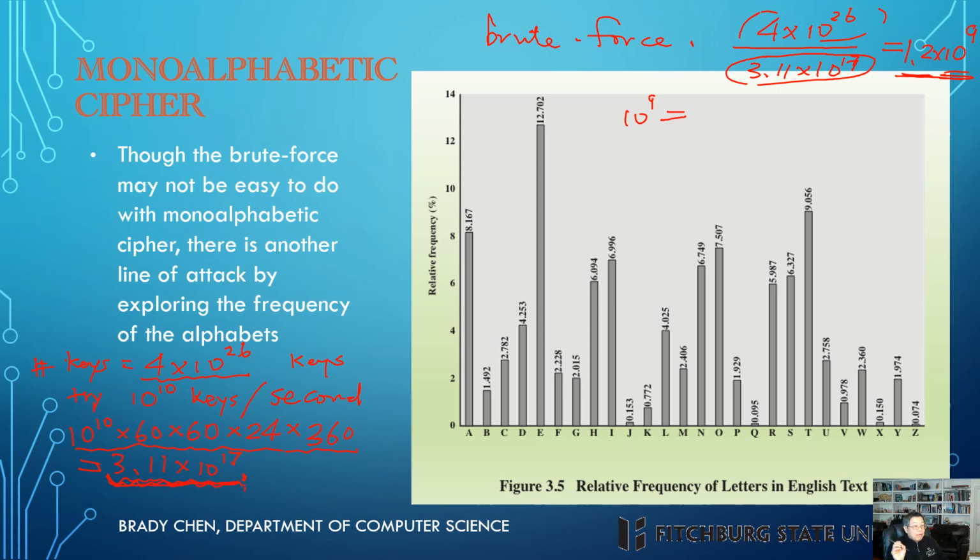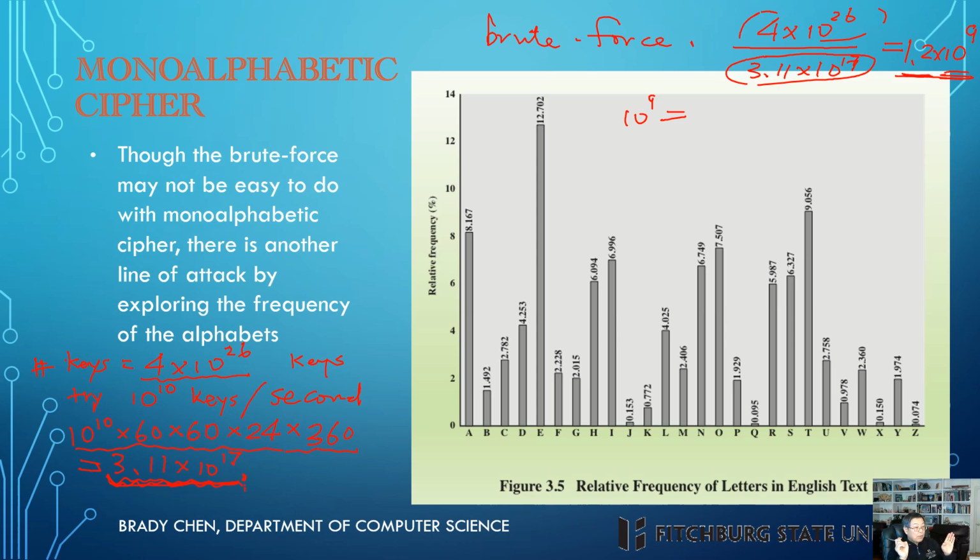So now, if I use a powerful machine which can try 1 billion keys per second using brute force attack, and I continue to do that until I finish all the keys, which is 4 times 10 to the 26, then I need more than a billion years. Okay, so technically it's impossible, right? Because that's too long. That's ridiculous.